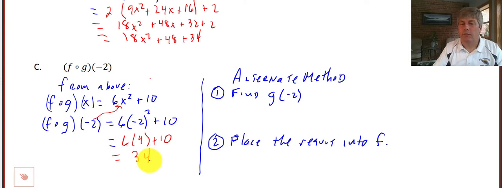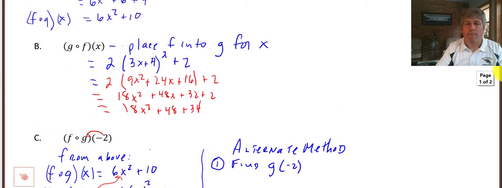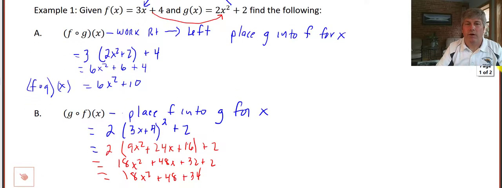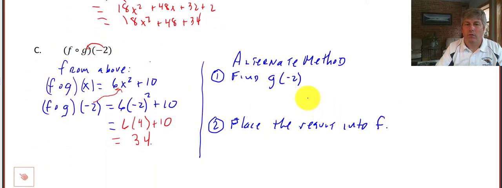Now there is an alternate method for doing these kinds of problems. To find f of g of negative 2, we can work backwards. We can find g of negative 2 and then take that result and put it into f. So if we wanted to find g of negative 2, our g function was 2x squared plus 2.